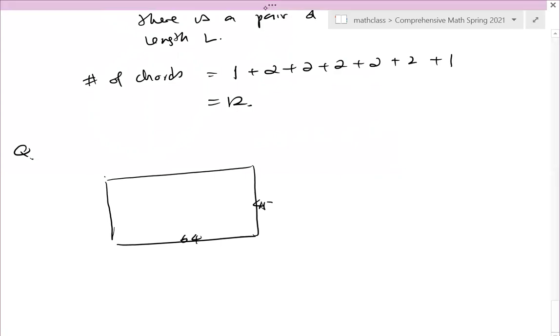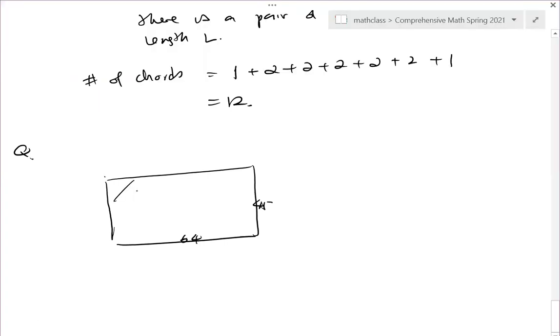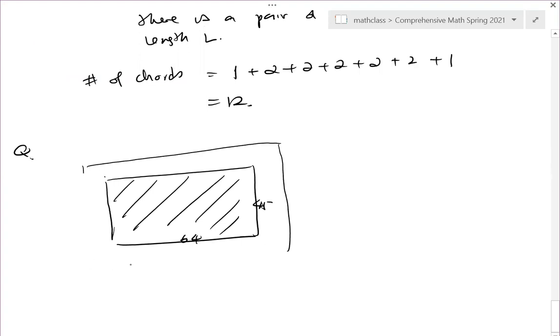So this is the table. Let me mark it clear. Just the table. Then the tablecloth. Each side is 10 inches.